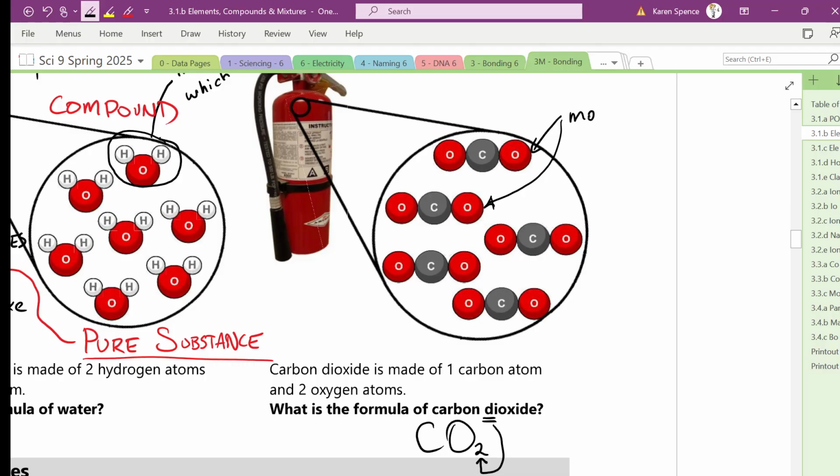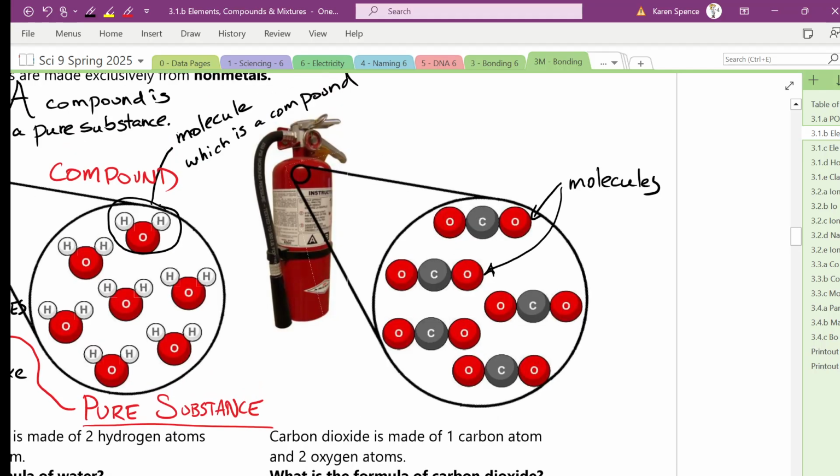Yes, they are molecules. Are they compounds? Yes. So this is a compound. Is it a pure substance? Yes, because all the particles are the same.